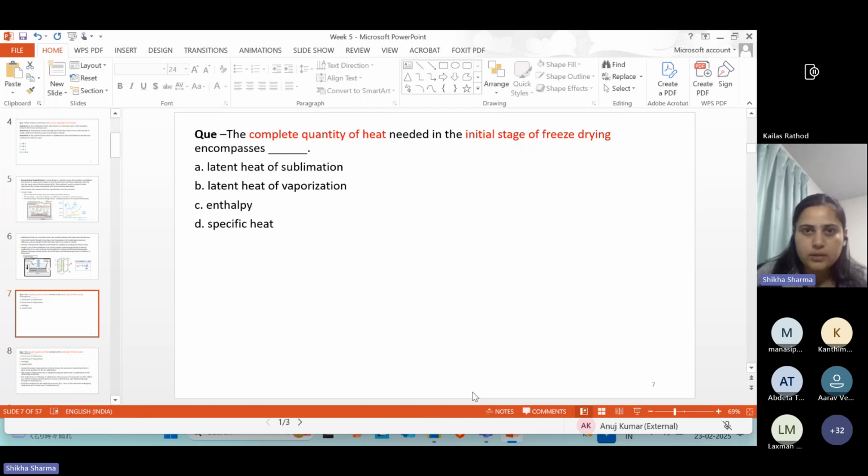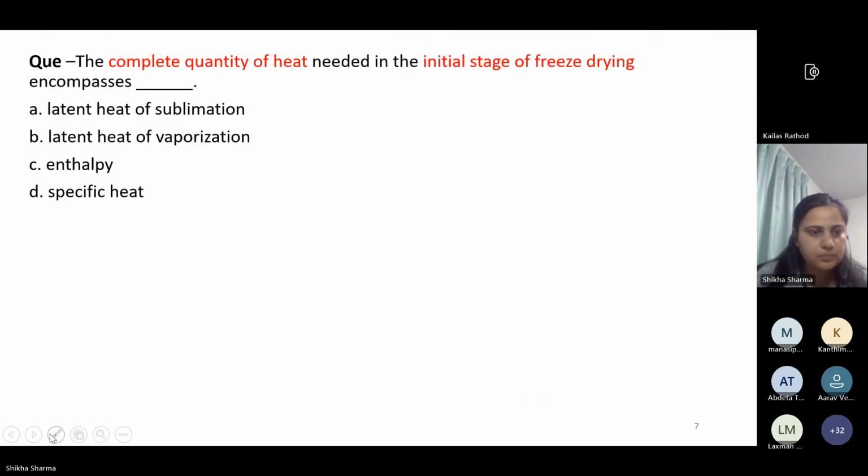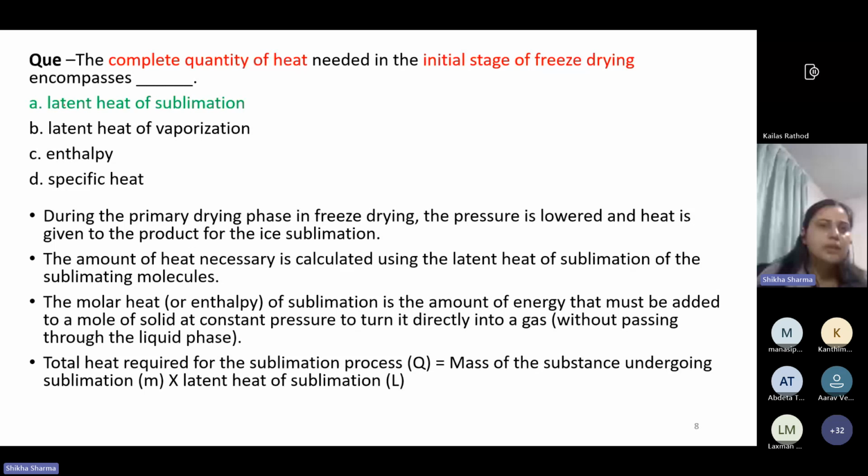So let's see the answer. Option A, latent heat of sublimation. Yes, so you are true. When the primary drying process happens in freeze drying, the pressure is lowered, which is vacuum, and the heat is given to the product through conduction, and the ice sublimation process happens.